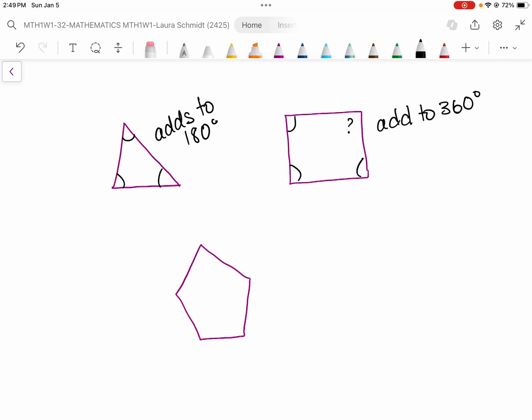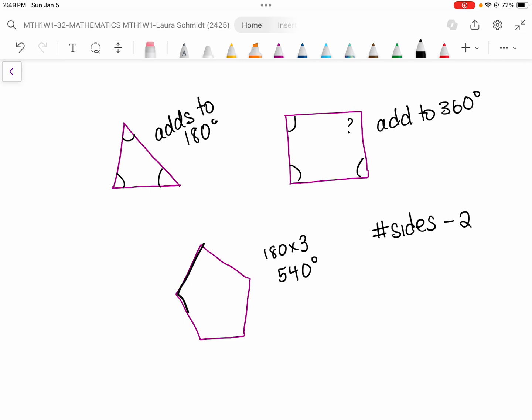Now, if you had a five-sided figure and you wanted to know what it added up to, well, I know that I could actually split this into three triangles. So 180 times 3 would be 540. So I know this has to add up to 540. And then we figured out that really, however many sides you have, you just take the number of sides of your shape and subtract 2.